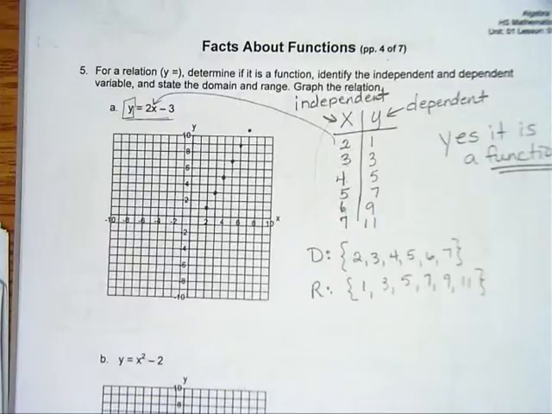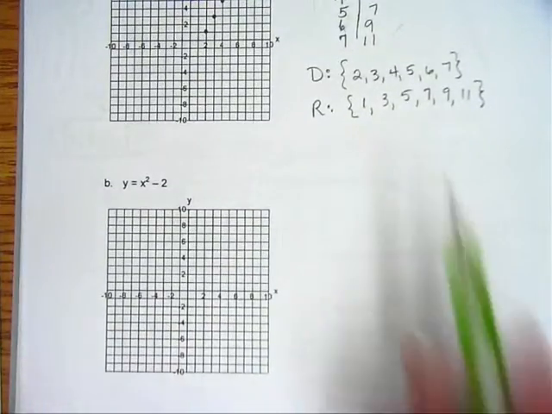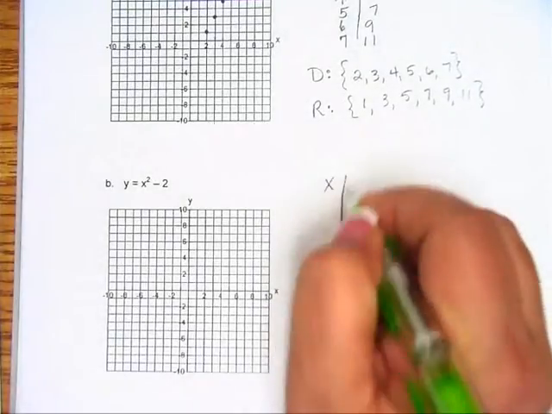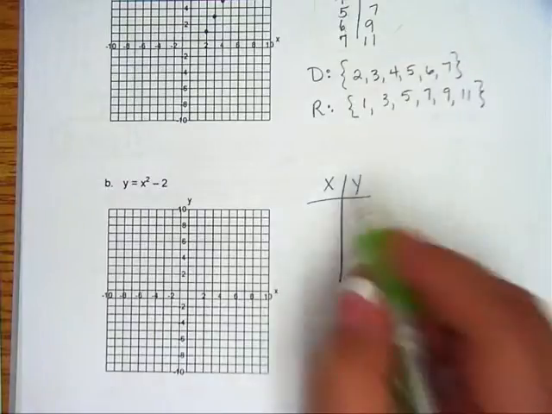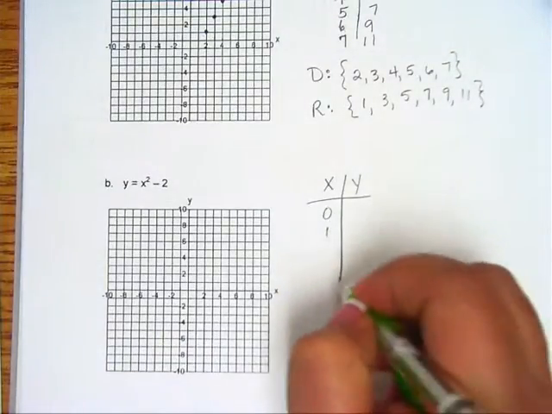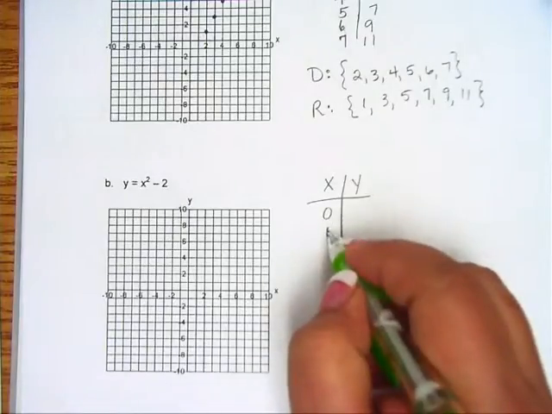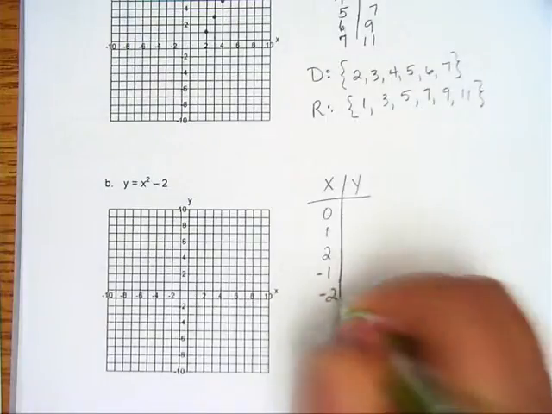Okay, so let's look down at part B, and we're going to do the same thing. We're going to start out by making ourselves an XY table. Let's pick 0, 1, because I know what this is going to look like, so that's why I'm going to pick them. 0, 1, 2, how about -1, -2?